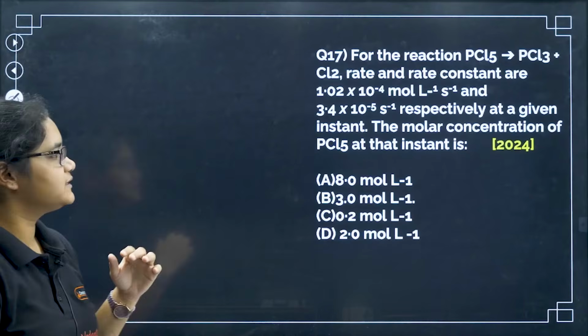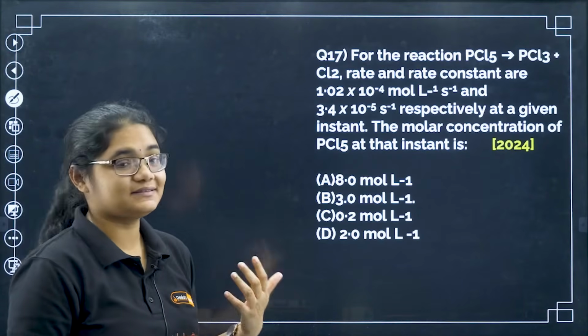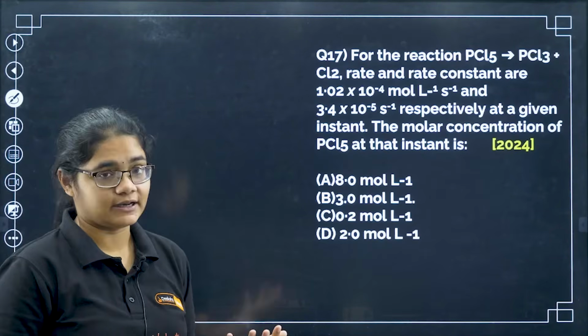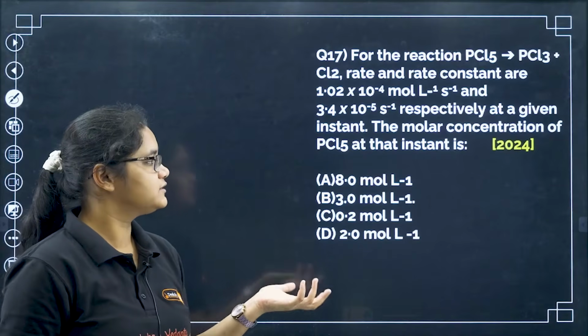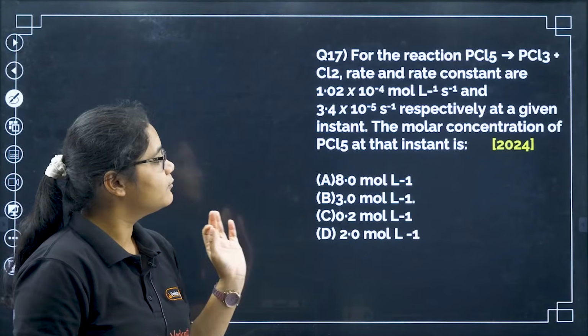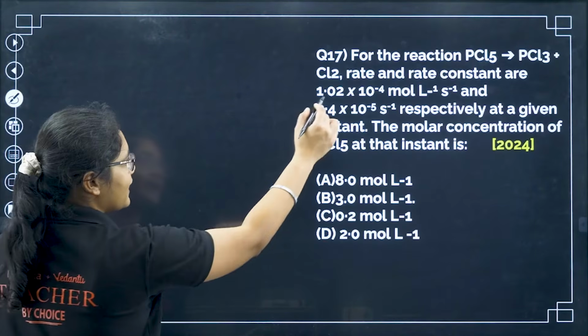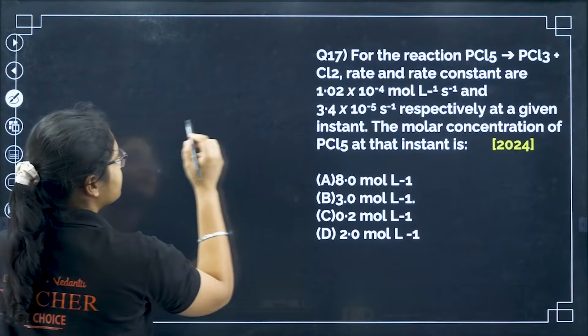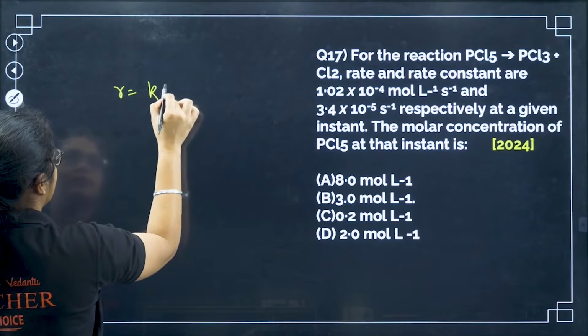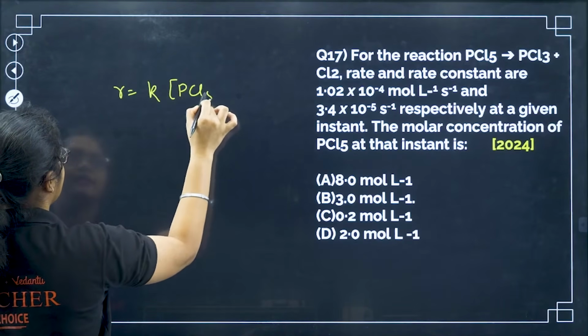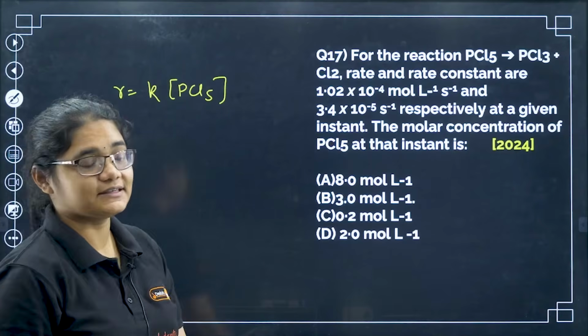Now moving to question number 17. For the reaction PCl5 gives PCl3 plus Cl2, the rate and the rate constants are respectively given. The molar concentration of PCl5 at that instant is? So if I have this equation, I can write for this reaction rate is equal to K into the concentration of PCl5.